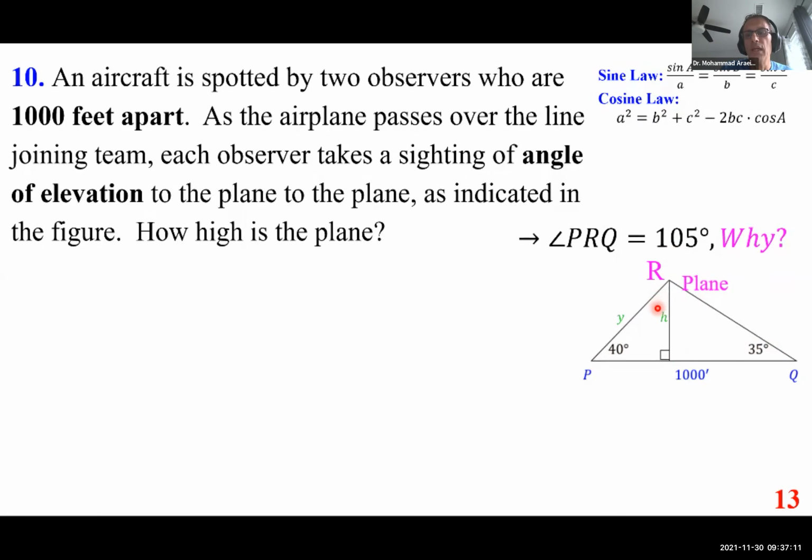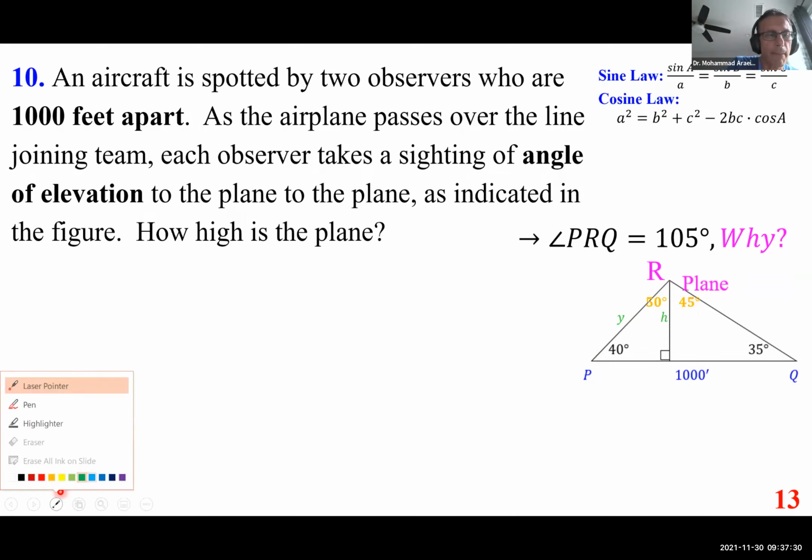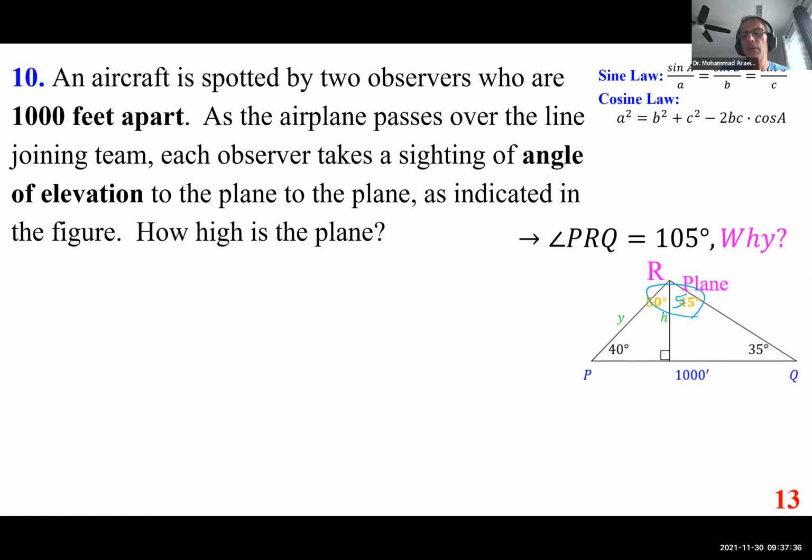This one must be what? 90 minus 40, which is 50. This is 35. This one must be what? 90 minus 35, so this becomes 55. And they add up to 105 degrees. So I hope everybody is clear on that.